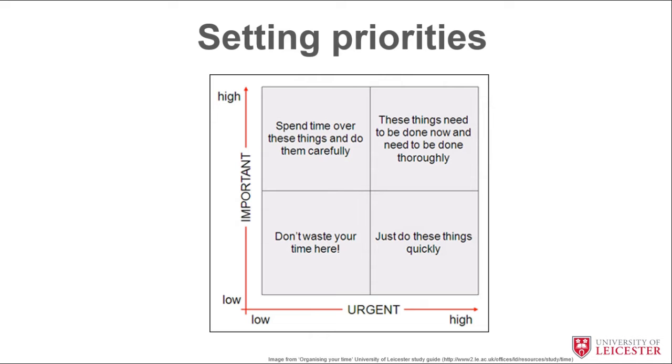The quadrant in the top left lists tasks which are important but not urgent. This is often an at-risk quadrant, as tasks which are contained within it can often sit unattended until they find their way into the high urgency, high importance quadrant, with too little time left to complete them thoroughly.